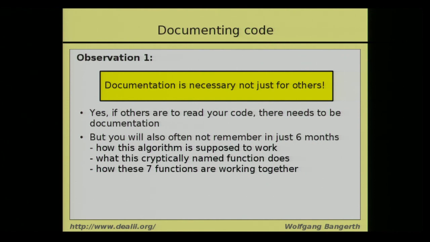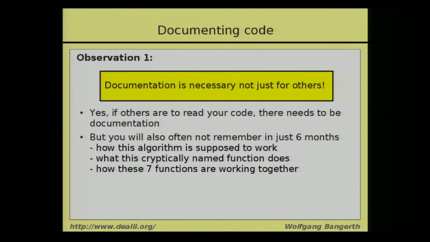But that's short-sighted, because typically what you will find is that if you work on the same code, let's say you write 100 lines of code a day. It's a good average, 100 lines of code a day, if this is what you do full-time. Then let's say in half a year, you write on the order of maybe 15,000 or 20,000 lines of code. You might not remember anymore what this algorithm actually does.